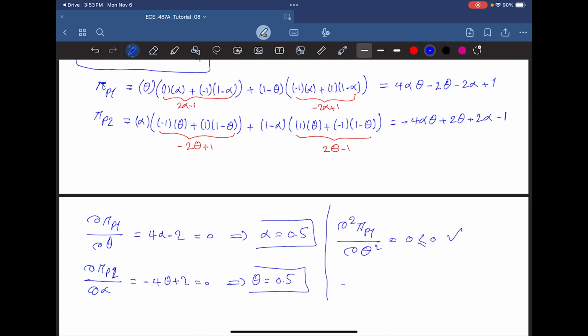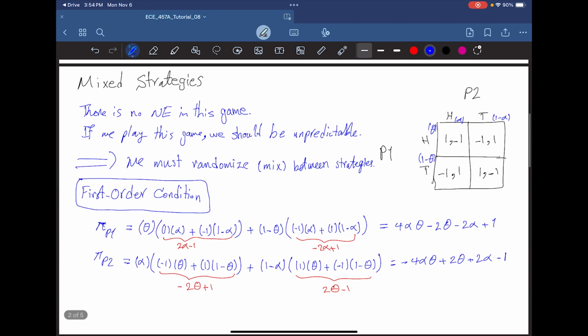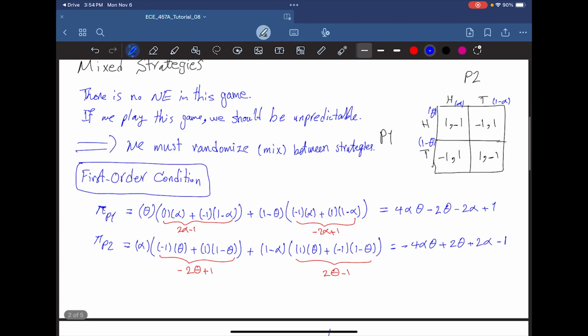It's correct. The next one, P2 with respect to alpha equals 0, less than or equal to 0, and it's also true. So these are the probabilities we found for this example. So for example, player 1 plays either H or T with probability of 0.5, and this is also the case for player number 2.